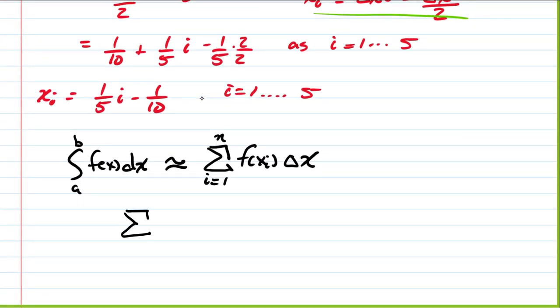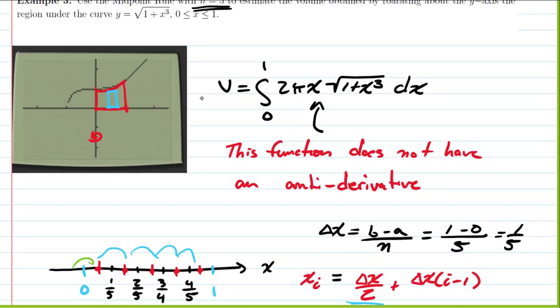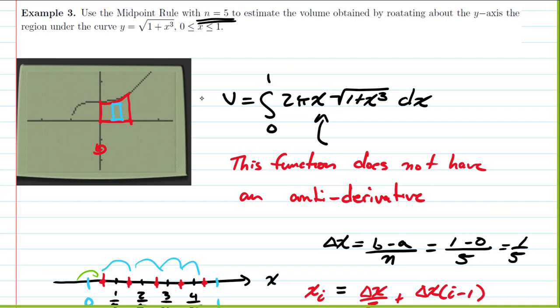So we have the sum, as i goes from 1 to 5, of f evaluated at x sub i. So f is our original function that we have right here. So this right here is our f.